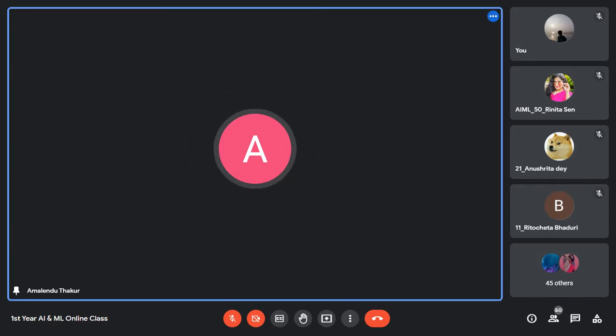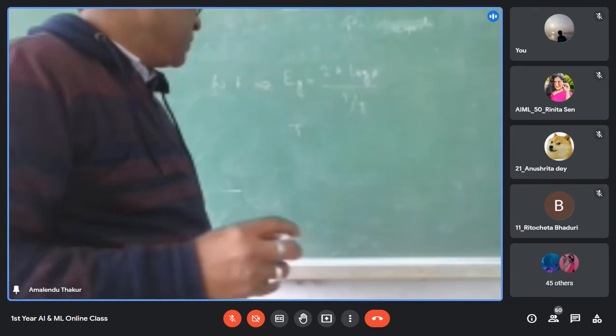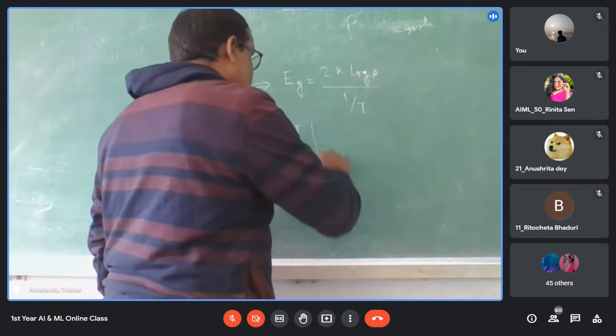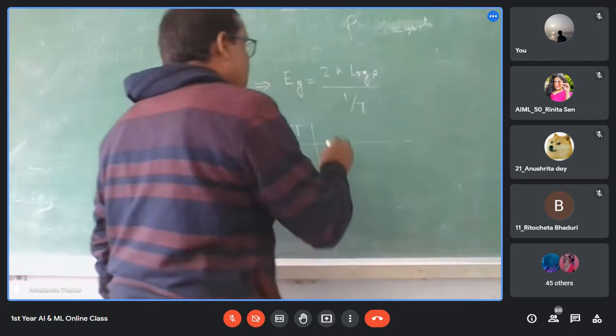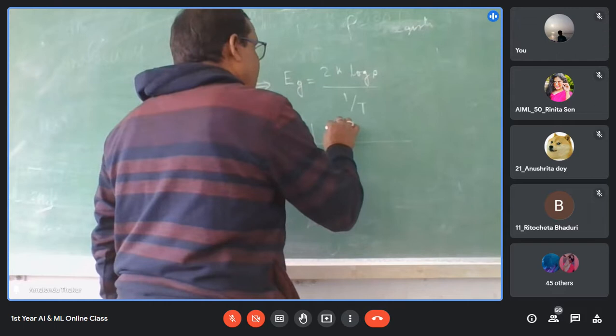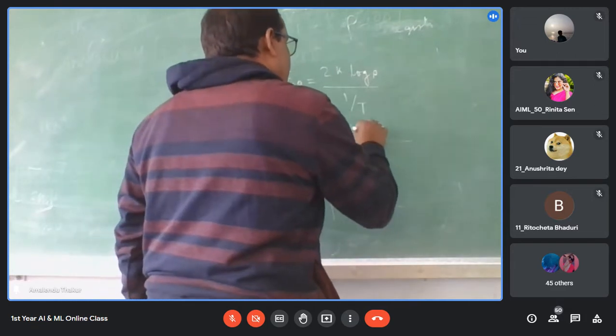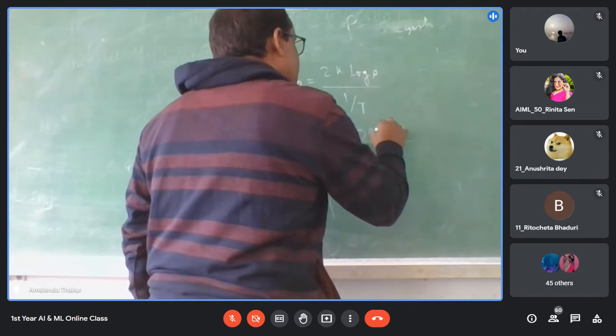Hello students. Since it is temperature dependent, if we draw a table, the temperature will change for different values, and correspondingly we take the value of rho, and from there we take the log of this rho.